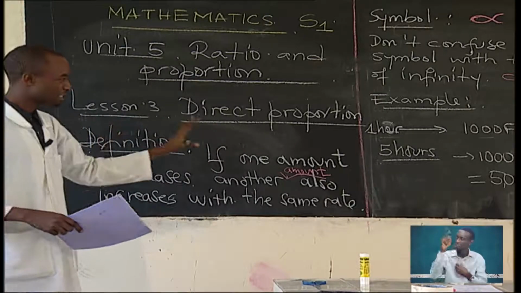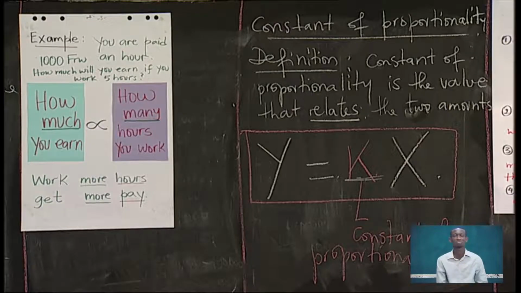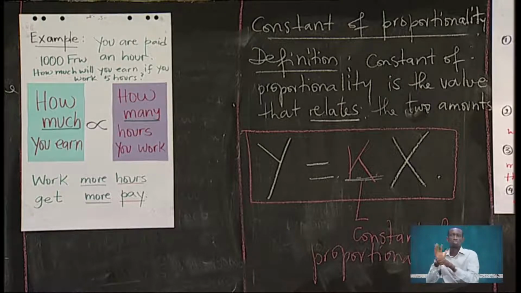Just a minute. And as you're writing, remember every explanation of every single point. Remember that we've talked about how much somebody is earning and how many hours somebody is working. So they are proportional. The more hours you work, the more payment you get. Write it down.